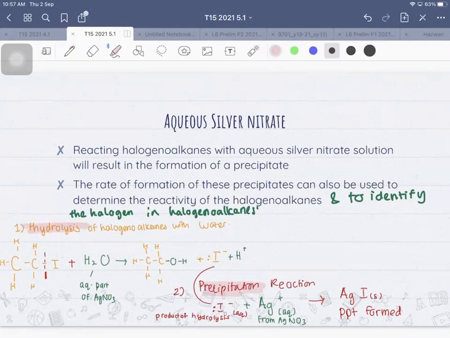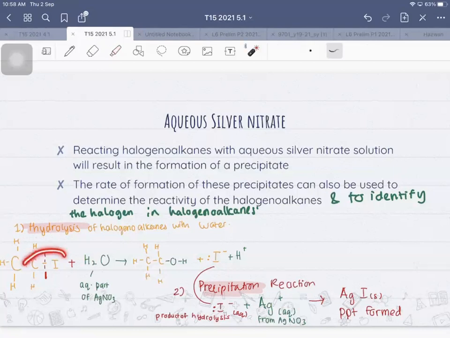Okay, and at the bottom of your notes, the fastest nucleophilic substitution reactions will take place with the iodoalkanes, and the slowest nucleophilic substitution reactions will take place with the fluoroalkanes. The text says the rate of the substitution reactions, the rate of hydrolysis, actually depends on the strength of your carbon halogen bond.